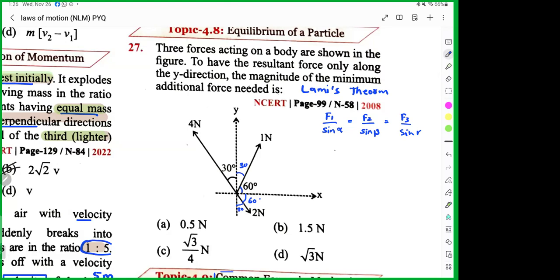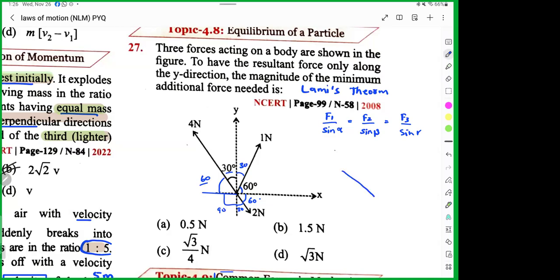So, and what is this? 90 of course. What is this? 60. ये सर 60 कैसे है? टोटल 90 है ना, x और y के बीच में 90 है ना, 30, ये तो रिमेनिंग कितना होगा? 60. Now what you have to understand is that these three forces have different angle.